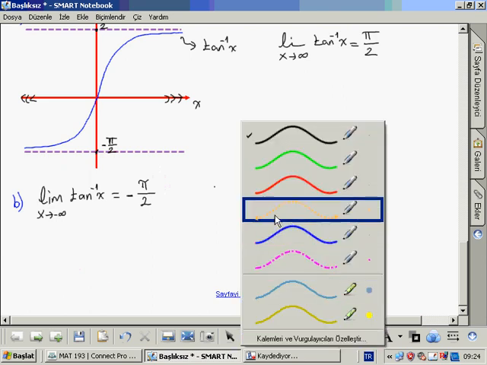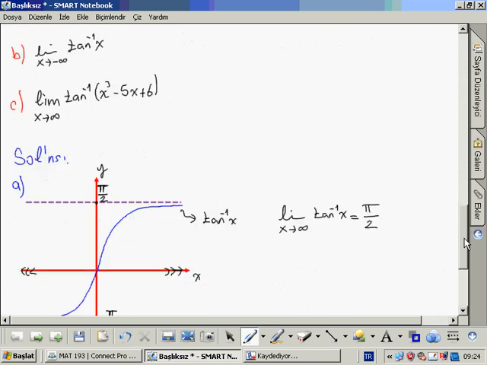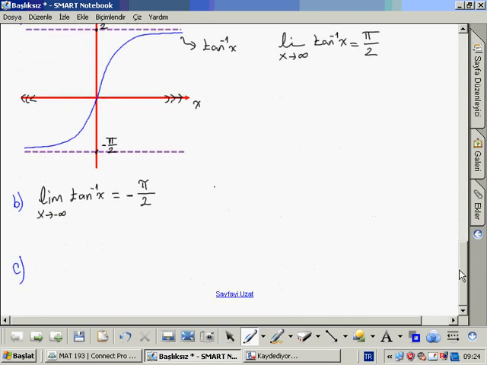And the last part of the question. In part A above, we saw that if the argument of the inverse tangent function goes to plus infinity, then we know the value of the limit.